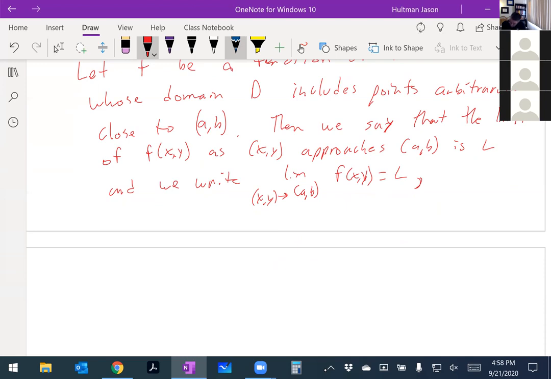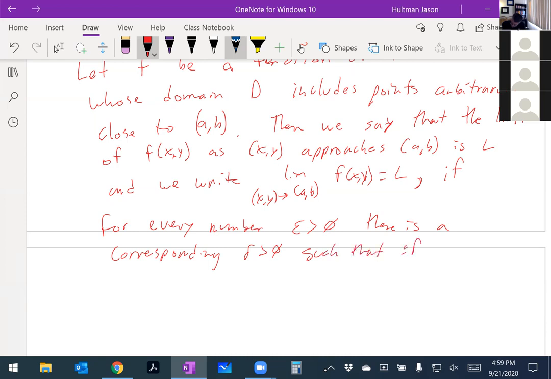And we say that the limit approaches L if for every number epsilon greater than 0, there is a corresponding delta greater than 0 such that if (x, y) is an element of our domain and 0 is less than the square root of (x minus a) squared plus (y minus b) squared, the distance between (x, y) and (a, b), is less than delta, but it's greater than 0.